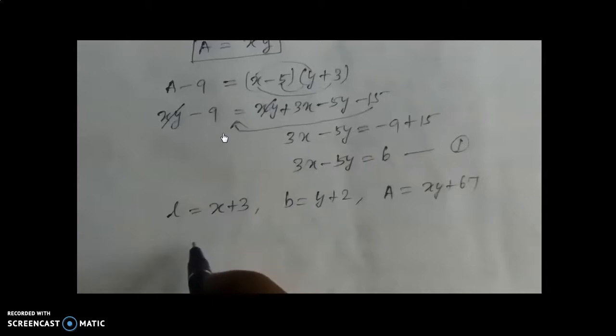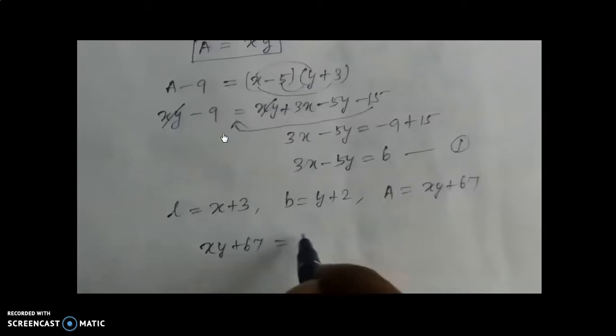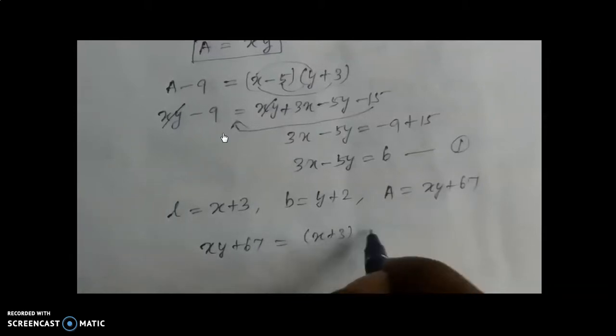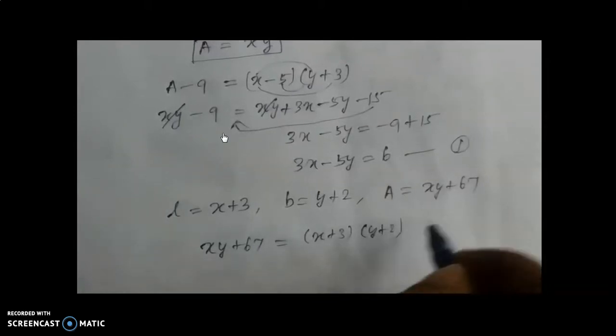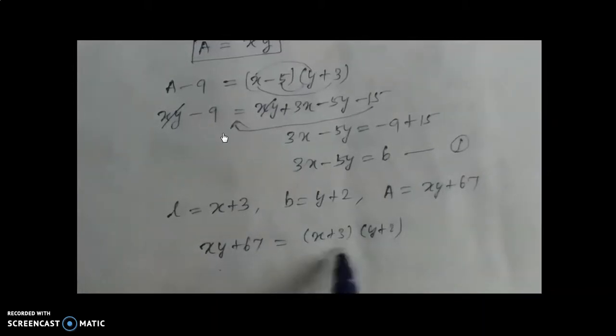So substitute the formula: area equals length into breadth, that is xy plus 67 equals x plus 3 into y plus 2. According to the formula I wrote here, area equals length into breadth.